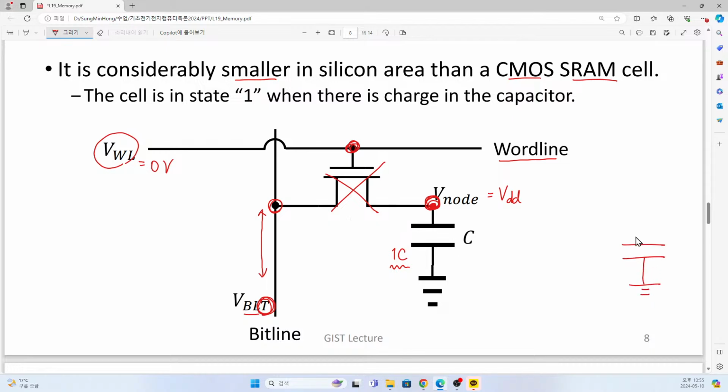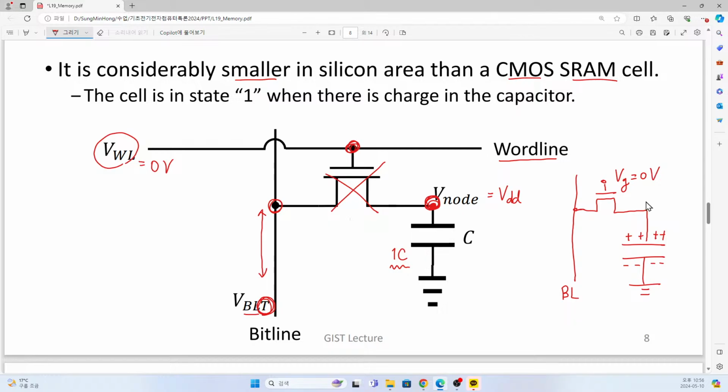So we have a positively charged particle, negatively charged particle, and here we have the transistor whose gate voltage is equal to 0 volt. And here we have, of course, bit line.